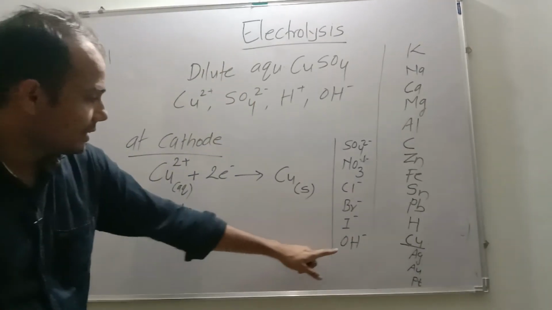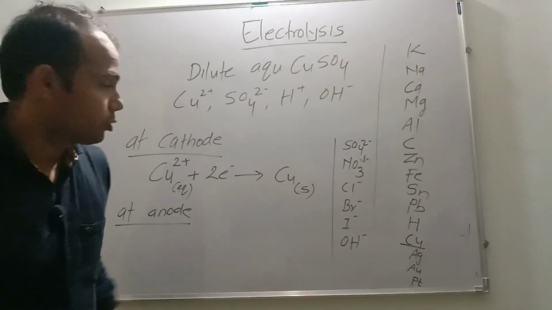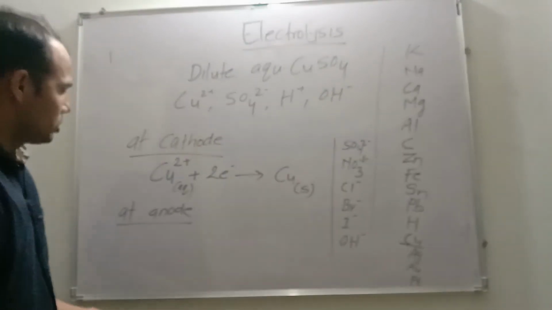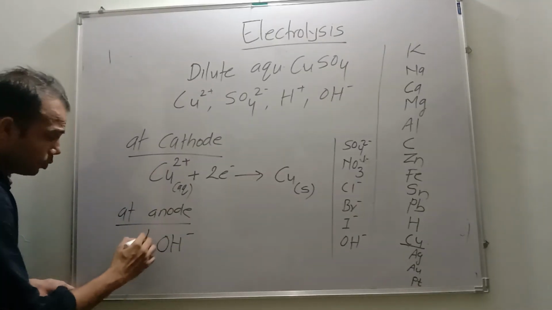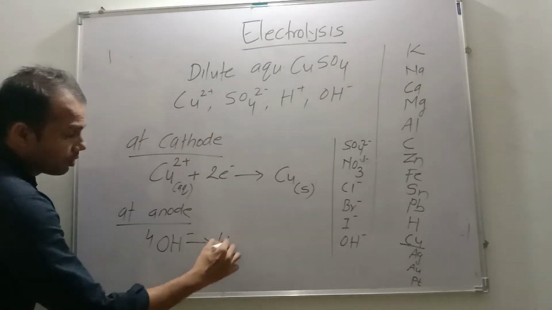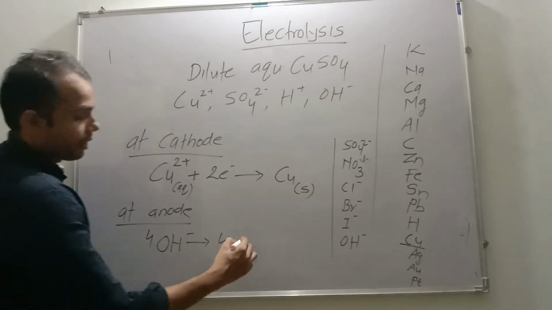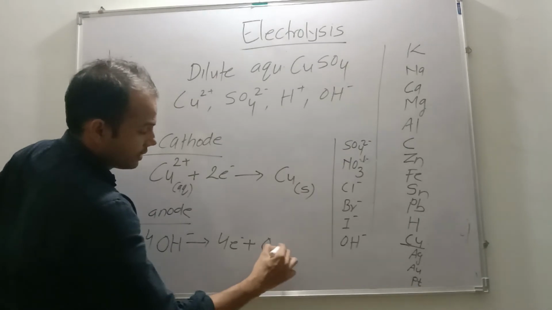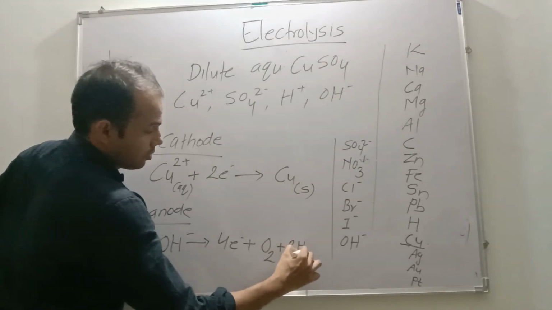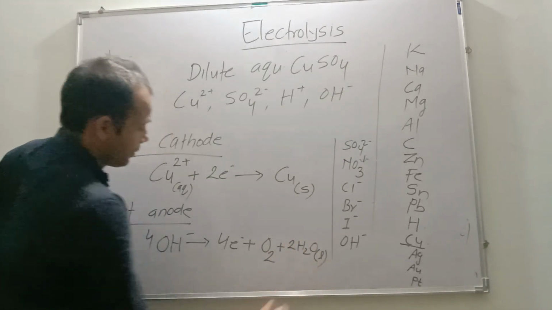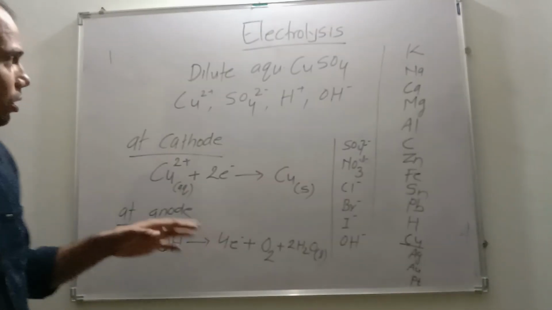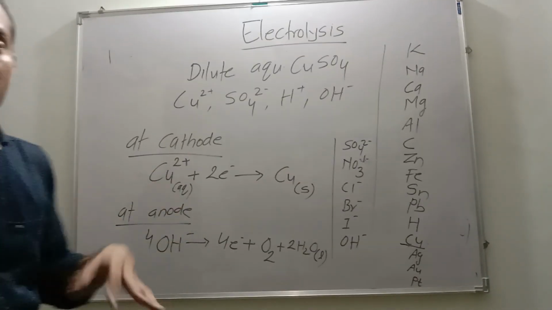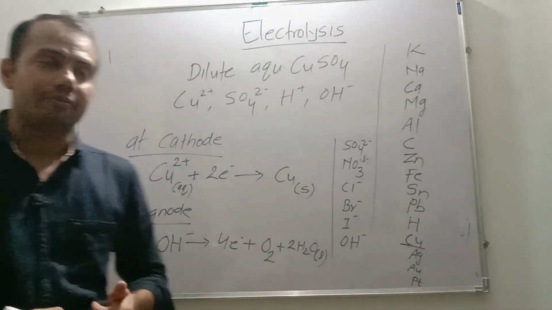Hydroxide is at the bottom of the series, so that is going to discharge first. That's the reason why OH minus is going to lose 4 electrons forming oxygen gas plus 2H2O liquid. So this is the overall electrolysis of dilute aqueous copper sulfate.